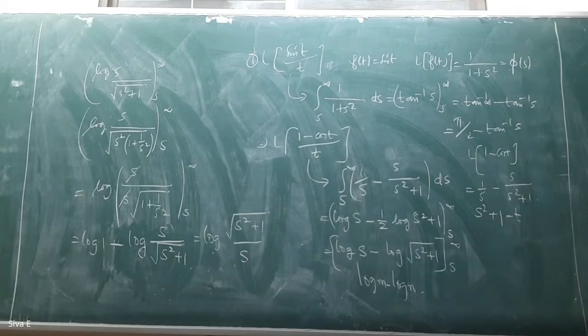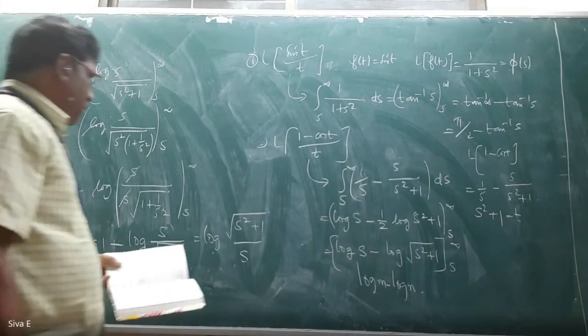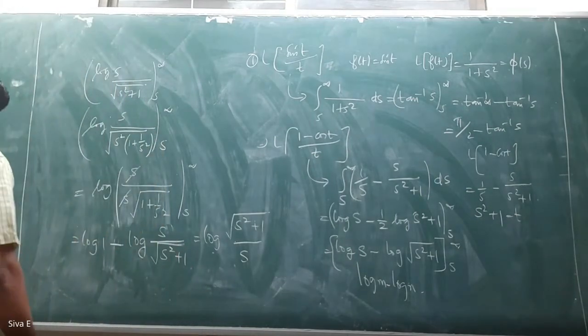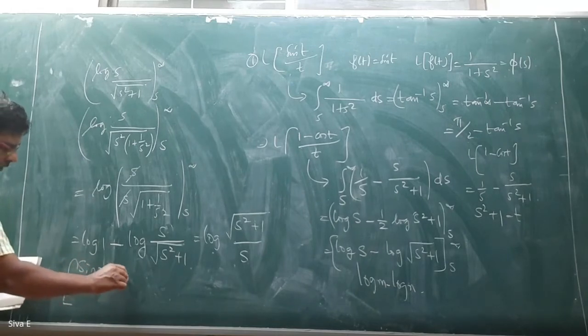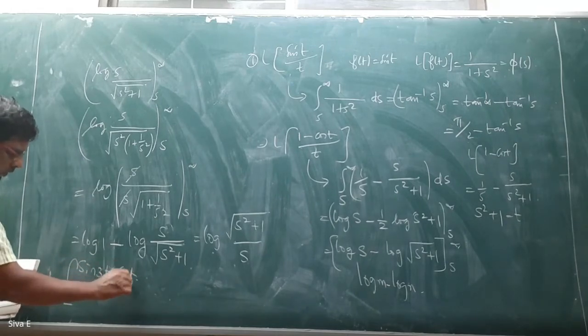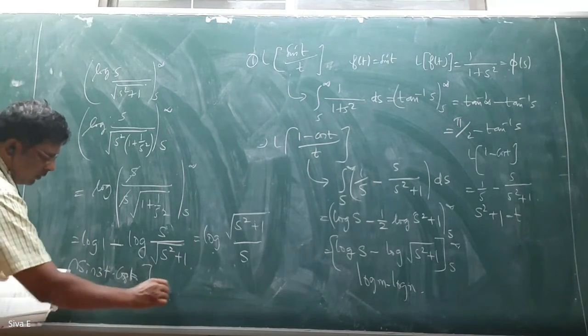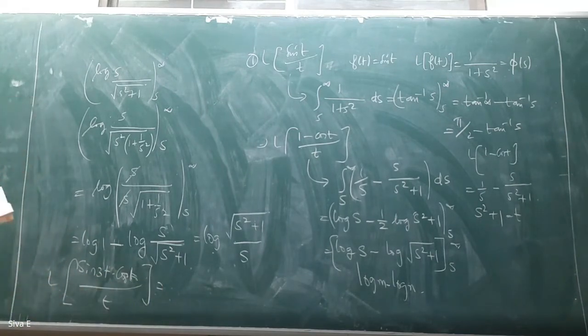For the last problem, you can verify afterwards. I can write the answer for this. Take the Laplace transform of sin 3t into cos t by t, because I need to discuss one more property here.